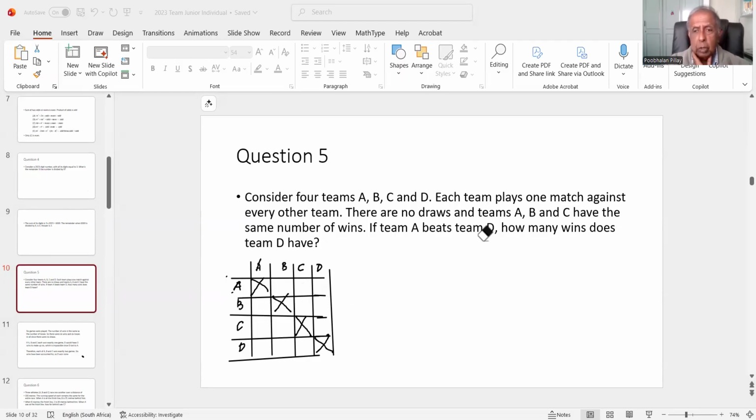And now there are no draws. So what does this mean? It means that the 12 empty squares have either W or L, right? Also the number of W's is the same as the number of L's.